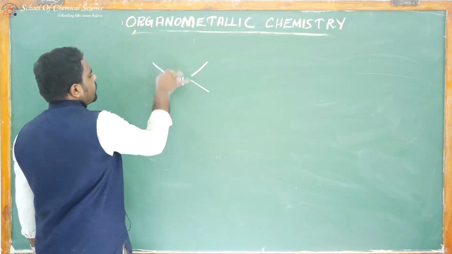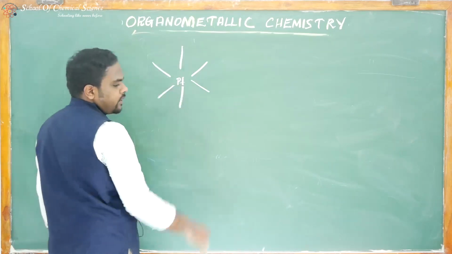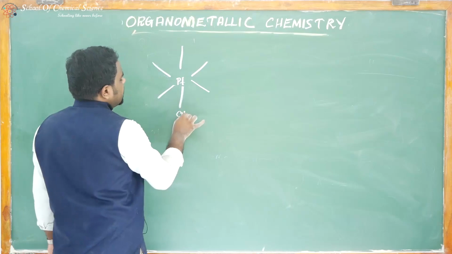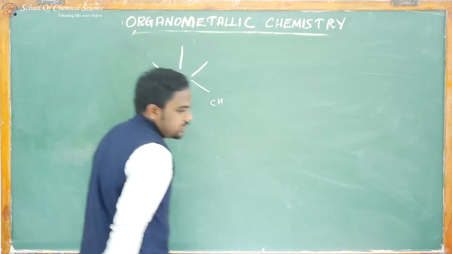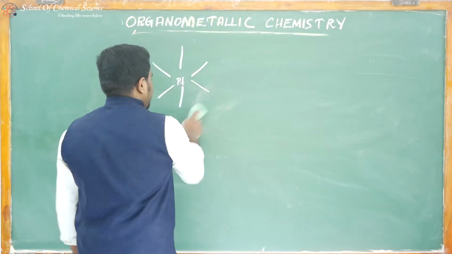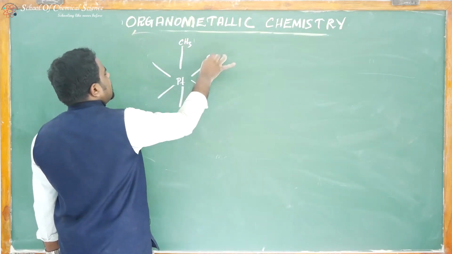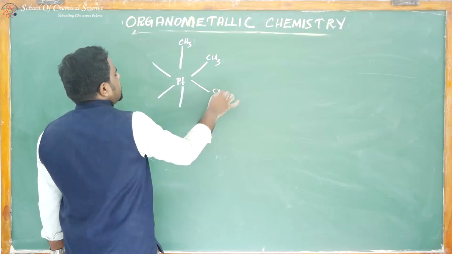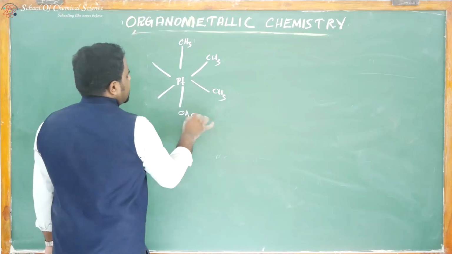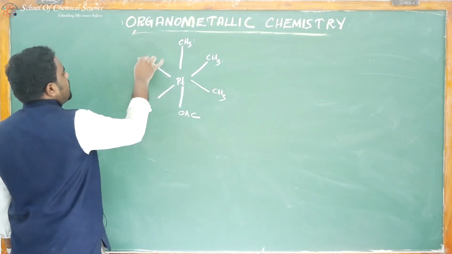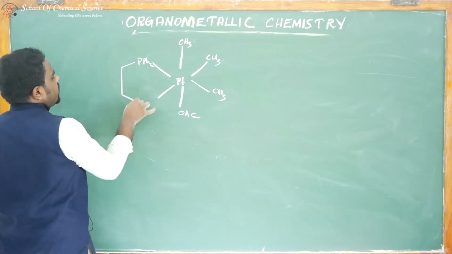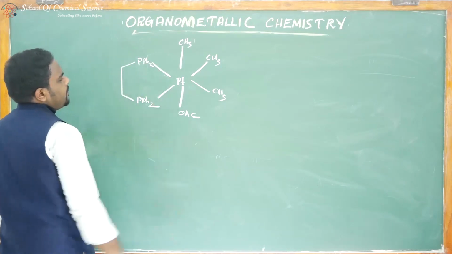Platinum. Okay. Here CH3 is there, CH3 is there, CH3 is there. Instead of I minus, OAc, here DPPE, diphenylphosphinoethane.